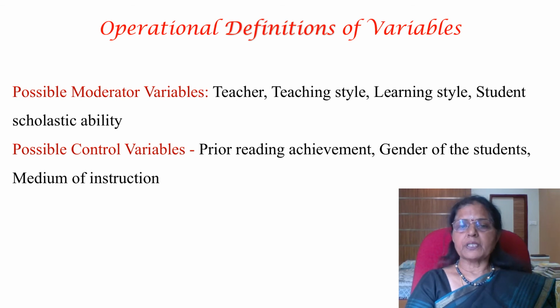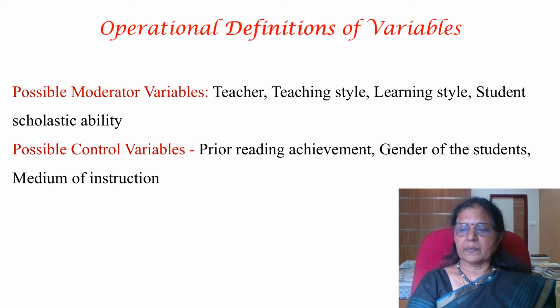where we have defined all kinds of variables. Now, moderator variables are of secondary concern. Remember, they are not a primary concern to the researcher. They are of secondary concern, and only their interacting effect or collaborative effect along with the independent variable can be studied, not their sole effect.